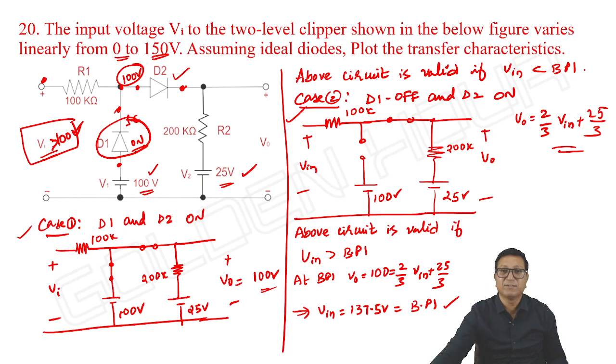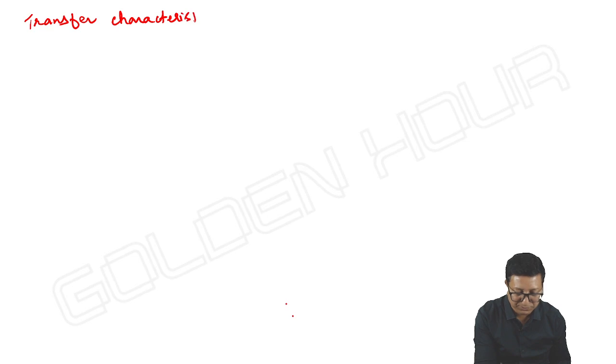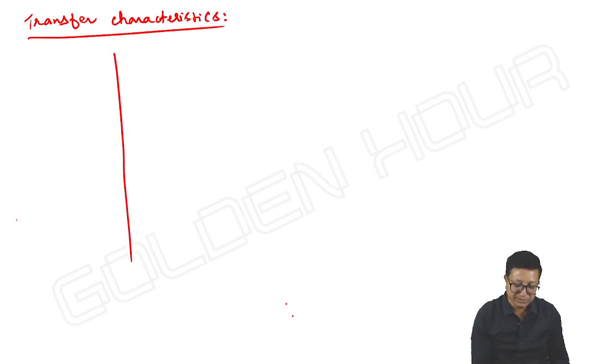Now we can comfortably draw the transfer characteristics. What do we get?